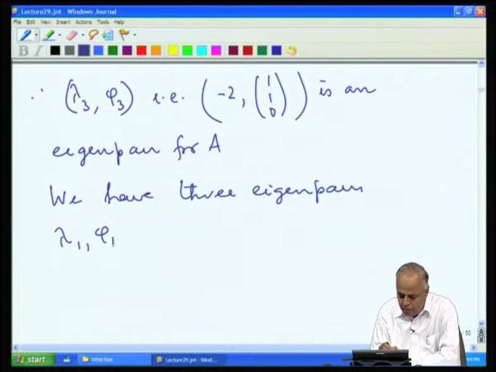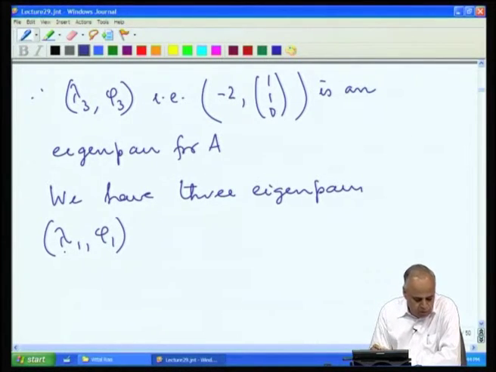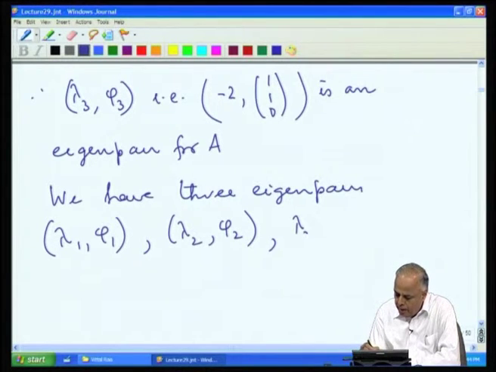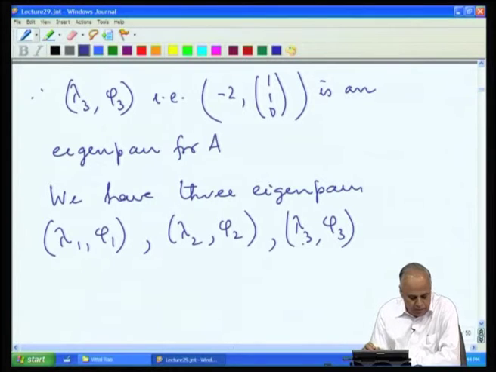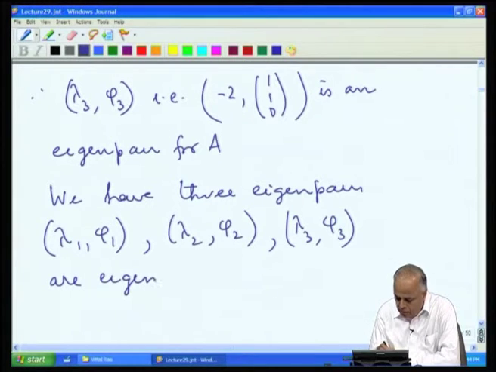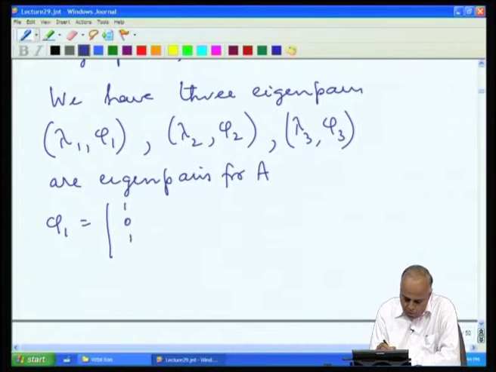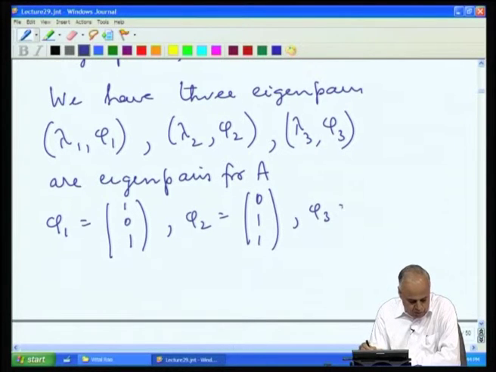Lambda 1 phi 1, where lambda 1 was 4 and phi 1 was 1 0 1, lambda 2 phi 2, where lambda 2 was 2 and phi 2 was 0 1 1, lambda 3 phi 3, where lambda 3 was minus 2 and phi 3 was 1 1 0, are eigenpairs for A, and phi 1 which was 1 0 1, phi 2 which was 0 1 1, phi 3 which was 1 1 0 are clearly linearly independent.